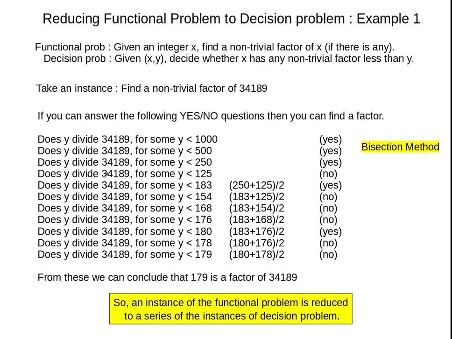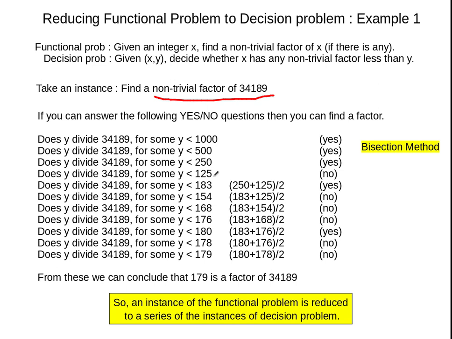The other direction: if you can solve the decision problem, then you can also solve the functional problem. This can be done using something like the bisection method, which you already know. Suppose you want to find a non-trivial factor of some number. You start around the square root of that number and ask whether it has a factor less than this value. If yes, you take half this value, then again half, and again half.